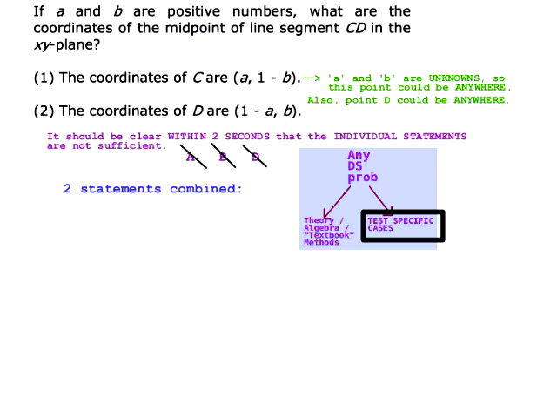So we know that C is the point A, comma, 1 minus B. And we know that D is the point 1 minus A, comma, B. Okay. So what are we going to pick?